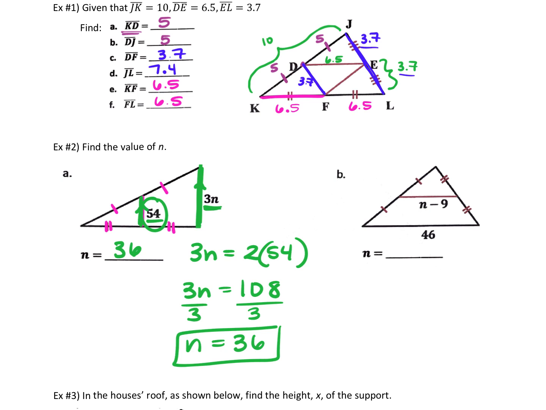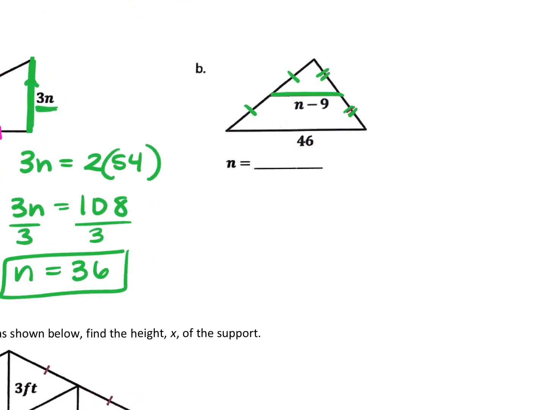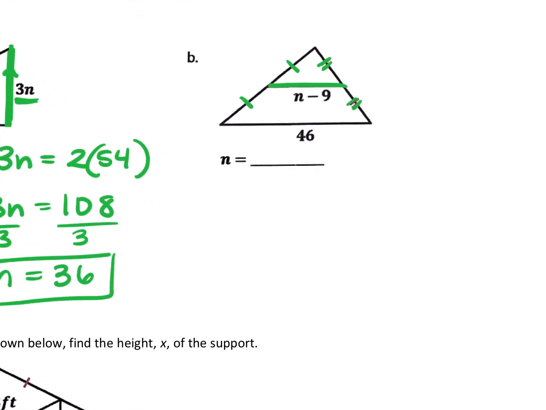Okay, so look at letter B. First of all, the markings show us that's a midpoint and a midpoint. So that is a mid-segment. What could you do to solve for n? So they're not equal, right?